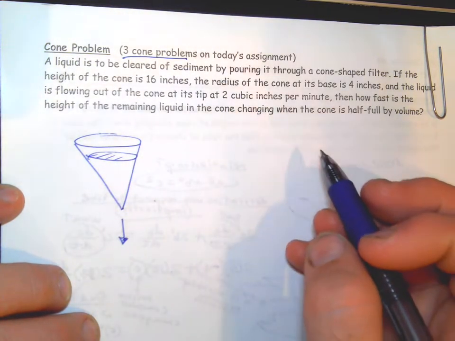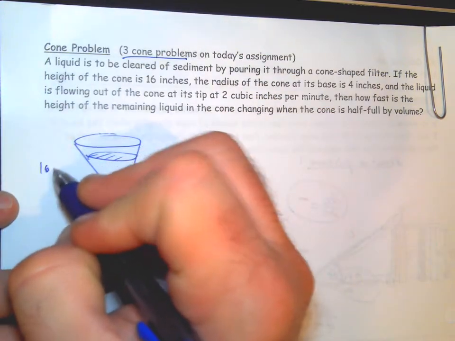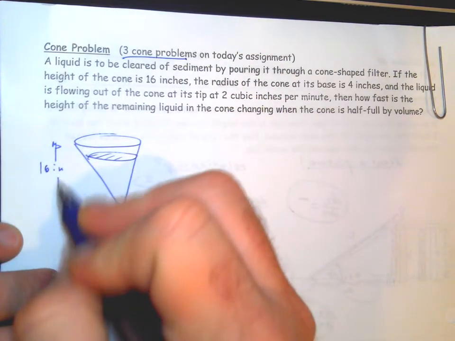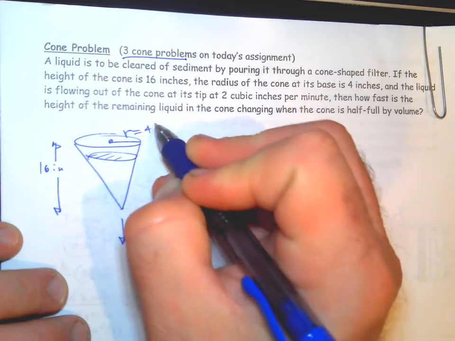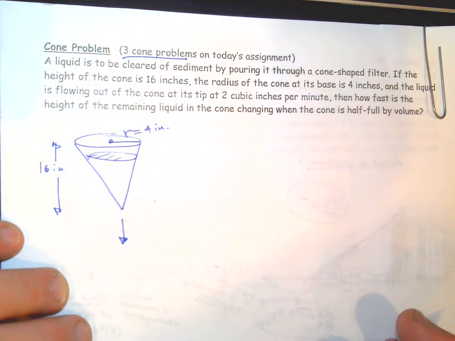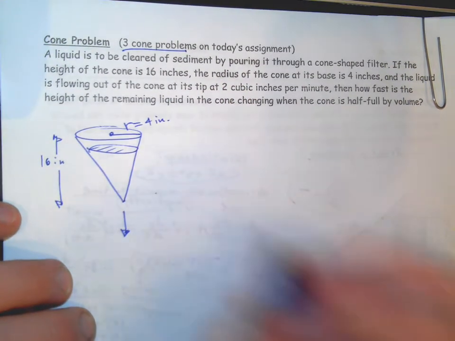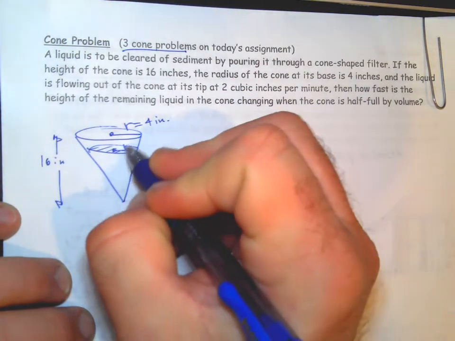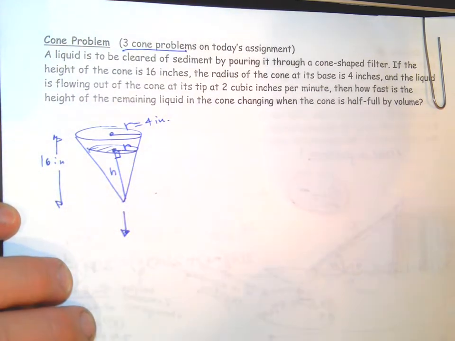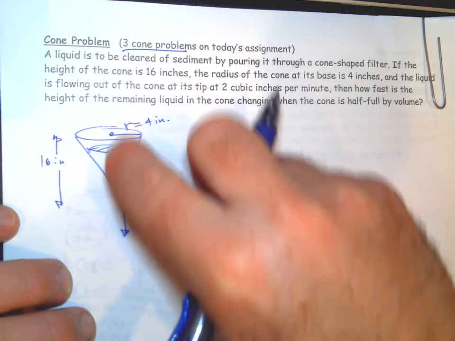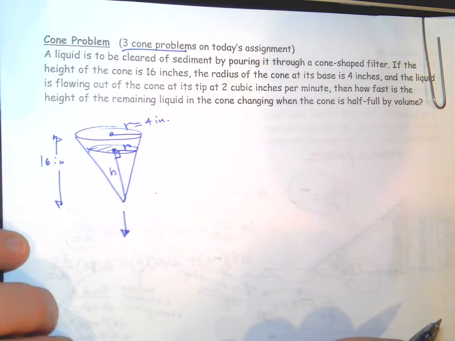Now, it says that the cone is 16 inches tall, and at its base, the radius is 4 inches. The base is actually on the top because it's upside down. But it has a radius that's changing, and it has a height that's changing also as the problem progresses, and it forms a right angle.